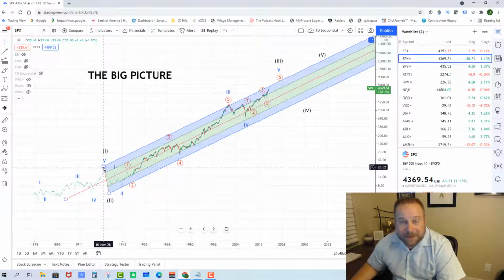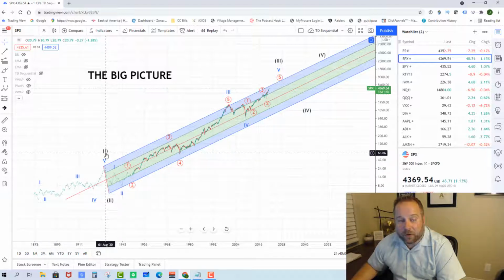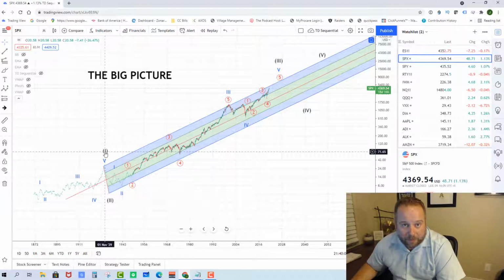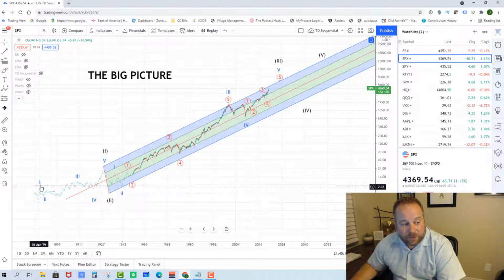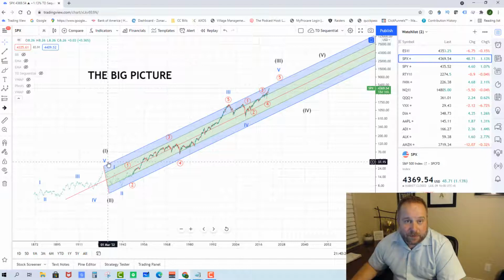Now, you need 5 waves as a subset to make a bigger wave 1, right? So here's our first grand supercycle wave 1. All right, and all of these smaller degree waves made that wave 1. So here's our 5 waves. Up in 1, down in 2, up in 3, down in 4, up in 5. All right, and the bottom of the Great Depression is our wave 2 pullback of the grand supercycle.